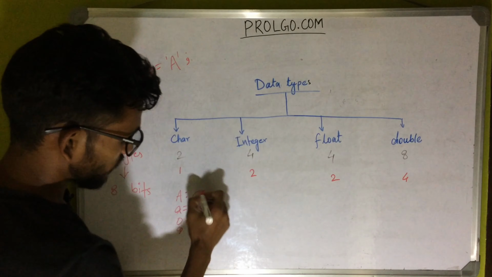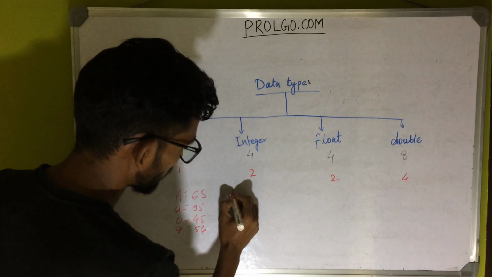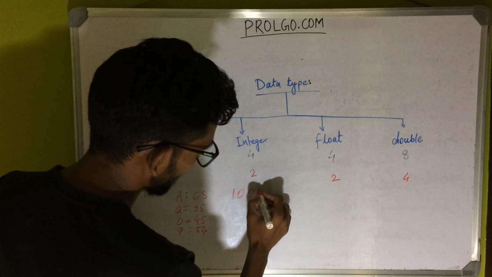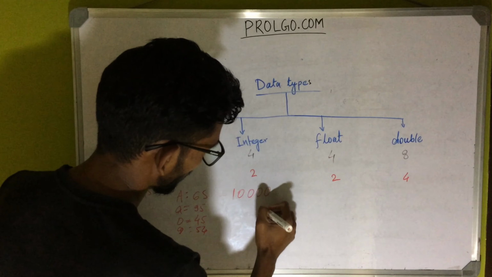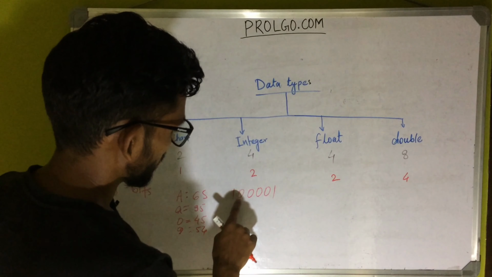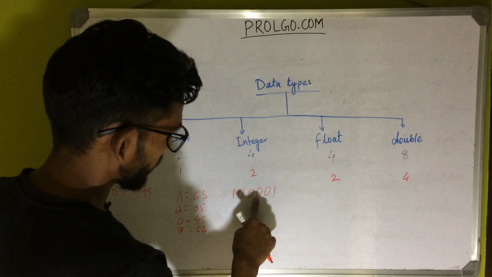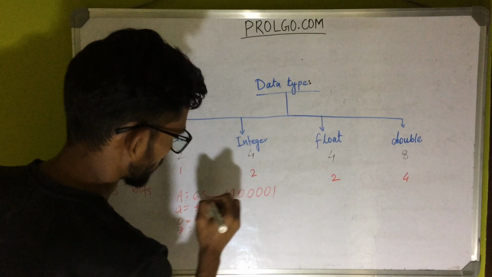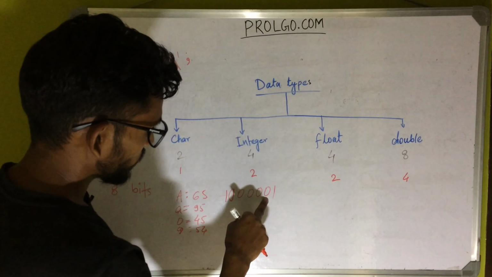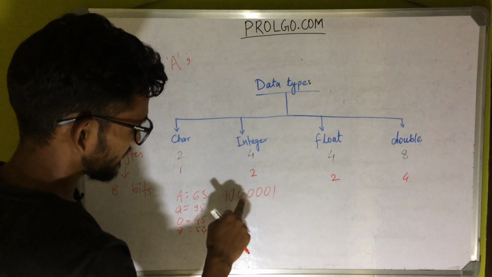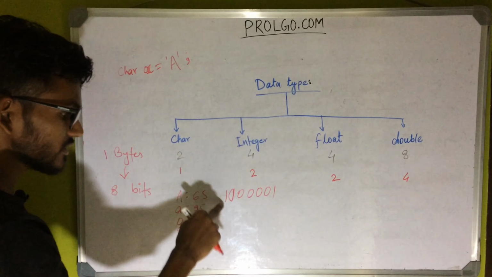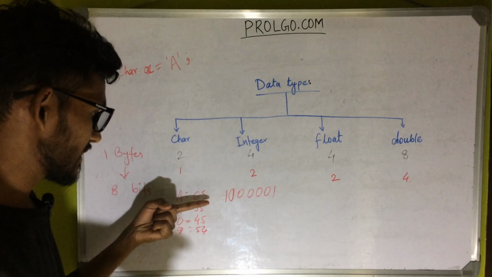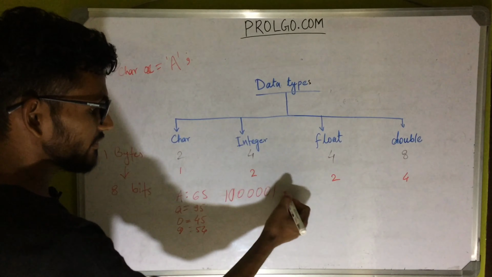The binary value of this 65 is 1, 64, 32, 16, 8, 4, 2, 1. If you convert this 65 into binary, this will be the value.